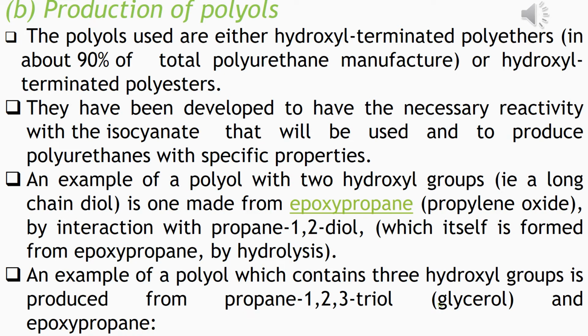They have been developed to have the necessary reactivity with the isocyanate that will be used and to produce polyurethanes with specific properties. They will react with isocyanate and make polyurethanes.